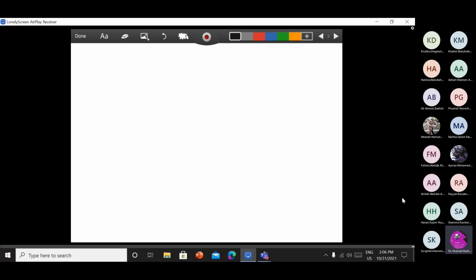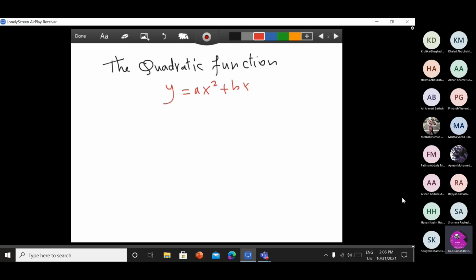This is a linear function. Also, we have the quadratic function, which is exactly like the quadratic equation: y equal to ax squared plus bx plus c. Y, as I said, is exactly like f of x.